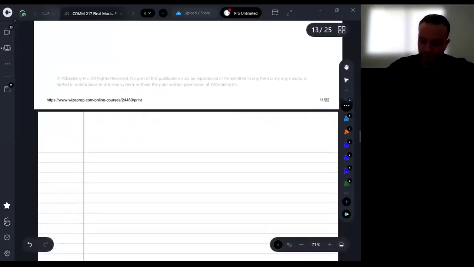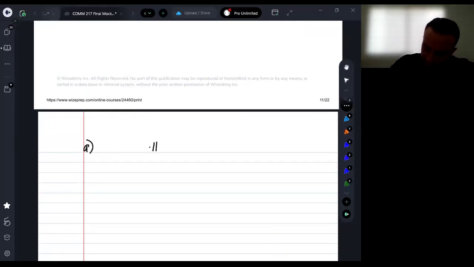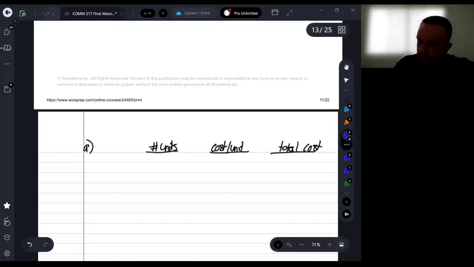So, part A, we have number of units, the cost per unit, and total cost.